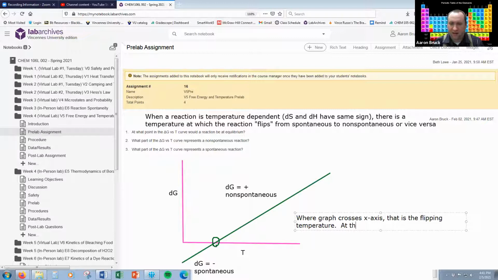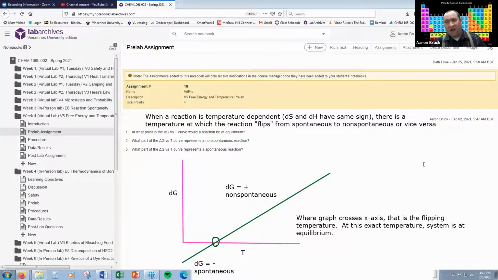At this exact temperature, the system is at equilibrium. And so what that means is that when we're at that spot, our delta G value is equal to 0.